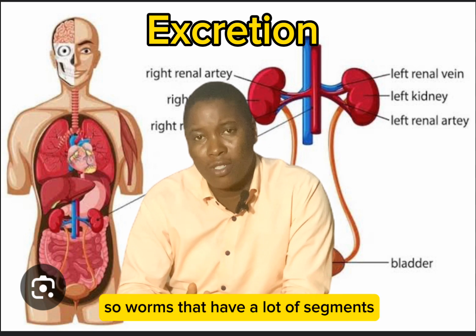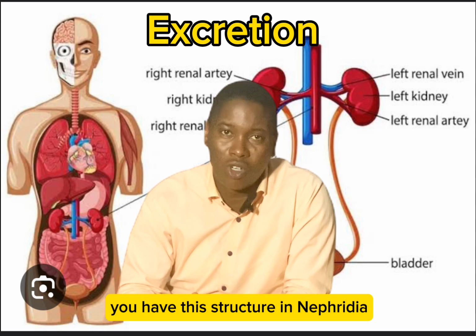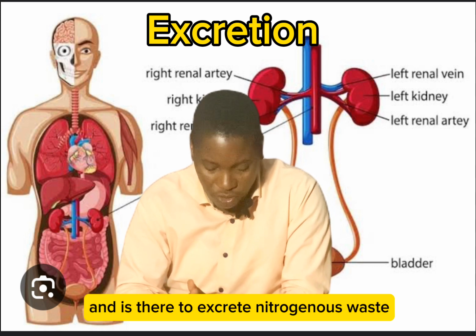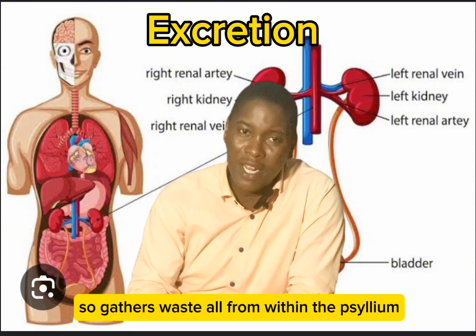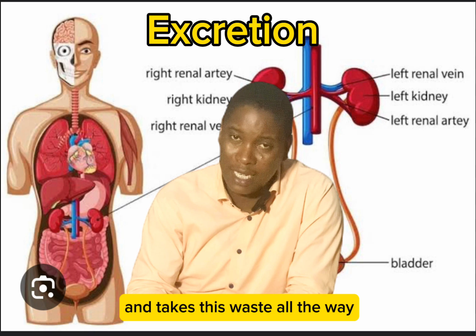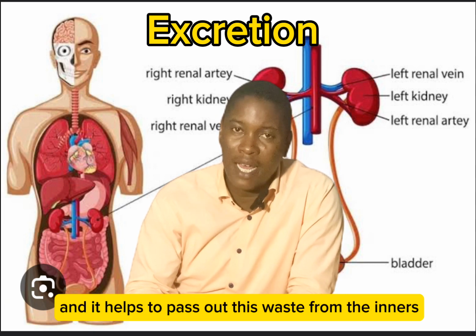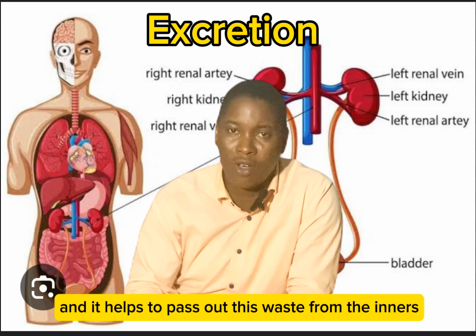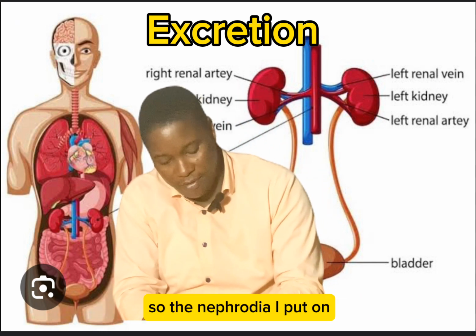So in worms that have a lot of segments, within each segment you have this structure, nephridia, and it is there to excrete nitrogenous waste. It gathers waste from within the coelom, that is the body cavity of the worm, and takes this waste into different segments, and then helps to pass out this waste from the anus and from the body of the worms. So the nephridia are important.